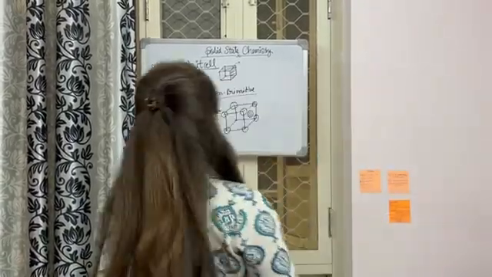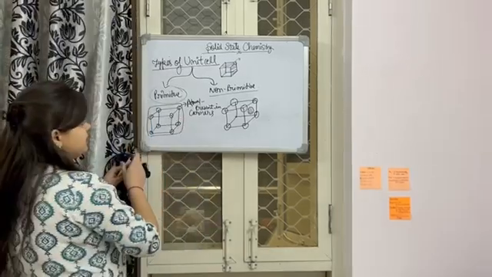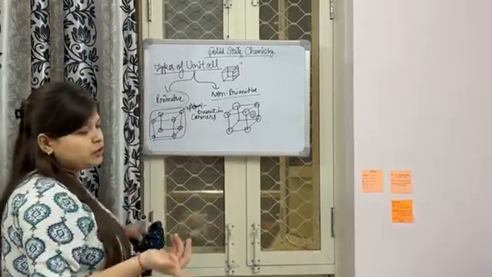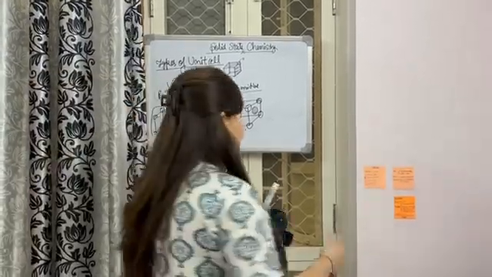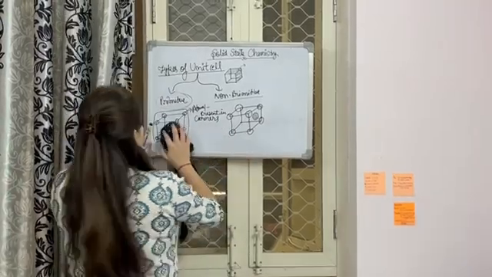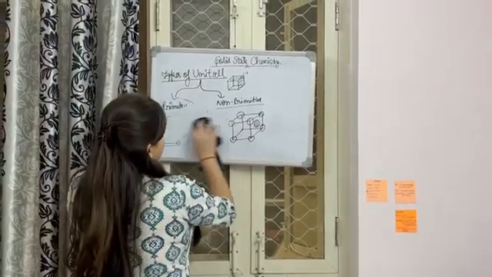Now, the primitive one is very easy to understand because it is only present at the corners. But for non-primitive we will go further and discuss it.